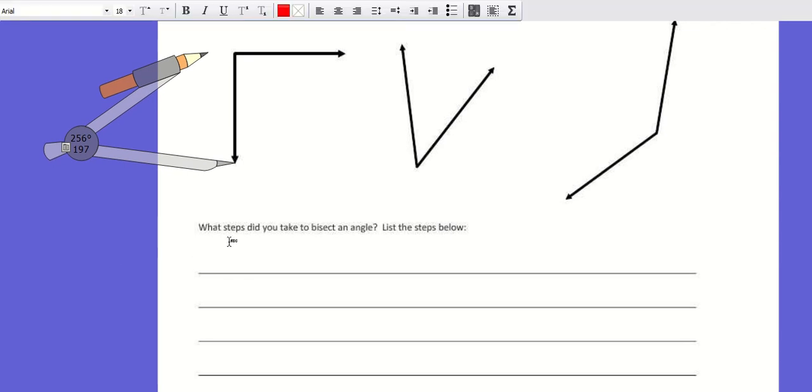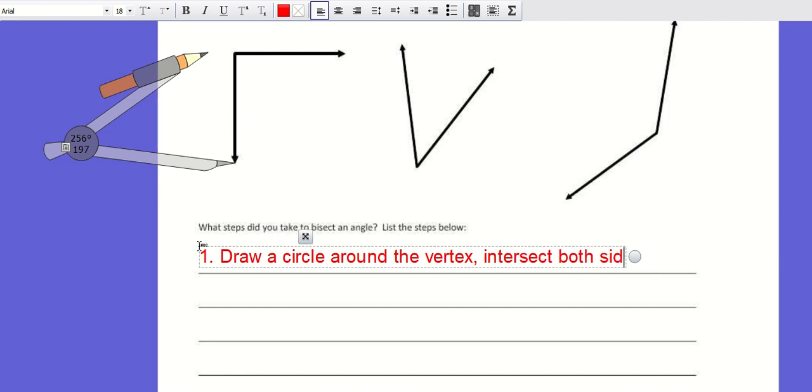So step number 1, we're going to draw a circle around the vertex, and it has to intersect both sides of the angle, or both rays, if you want to say that.